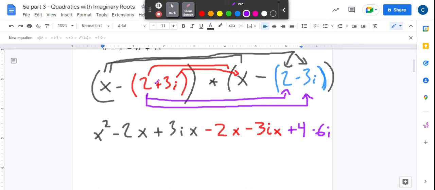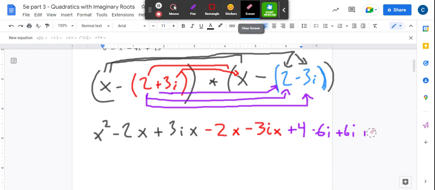Now we have a negative 3i distributing to the negative 2, which gives us plus 6i. And lastly, negative 3i times a positive 3i is going to be a negative 9i squared.